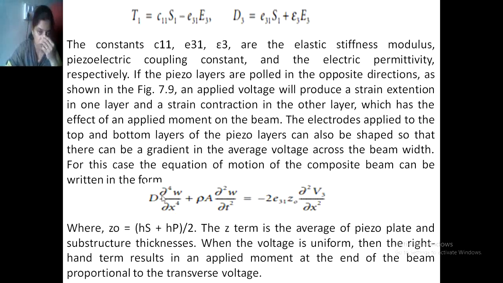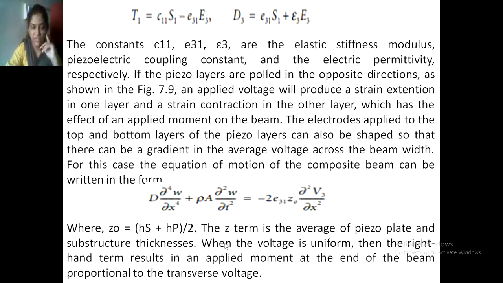D times the fourth derivative of w with respect to x, plus rho A times the second derivative of w with respect to t, is equal to minus 2 E31 z naught times the second derivative with respect to x of the voltage V of t, where z naught is h_s plus h_p divided by 2.